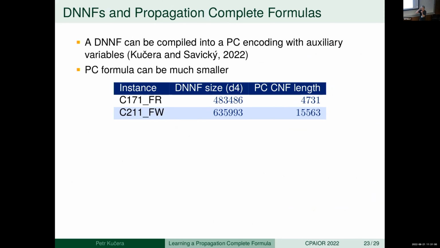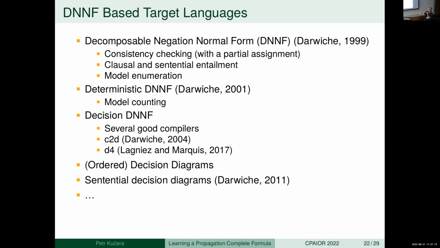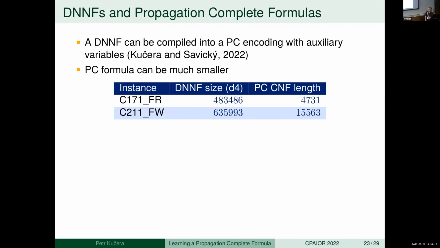I will just mention that there are, of course, other popular languages in knowledge compilation as target languages, like DNNF formulas. There are good compilers to DNNF formulas like C2D or D4, and they also include ordered decision diagrams, for example.